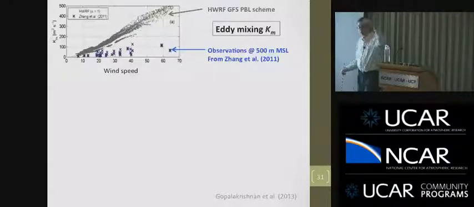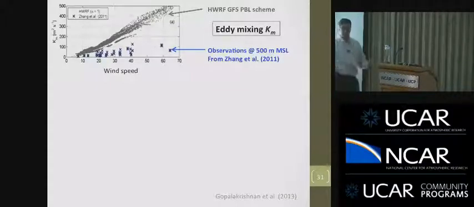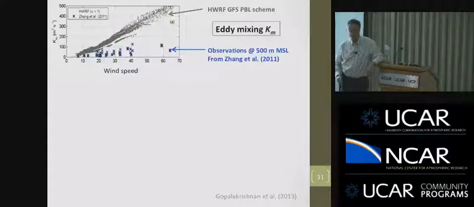So what they did is they took aircraft observations and used that to try to calculate what the eddy mixing was at 500 meters above sea level. Okay, so at 40 meters per second wind speed, they found observations to look like this, K_M varying from 40 to about 120. You can see by looking at the purple X's that generally higher wind speeds were associated with larger values of mixing. But the gray dots are what the HWRF model was producing with the HWRF GFS PBL scheme.